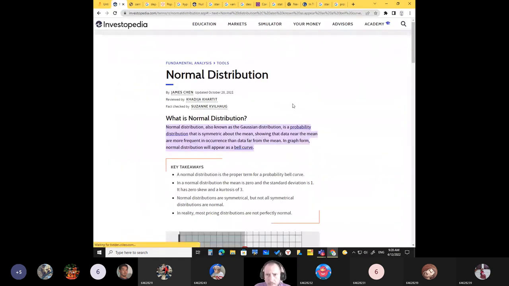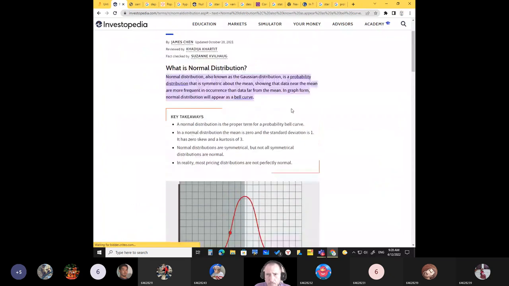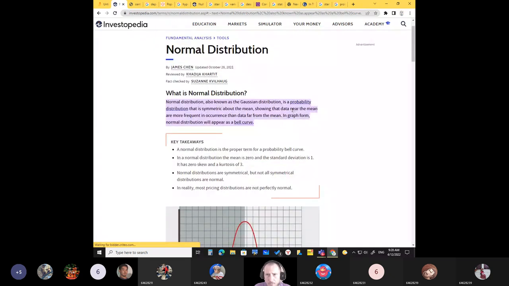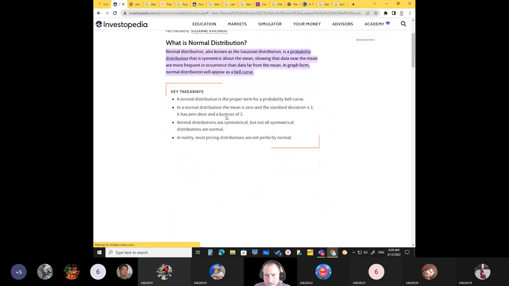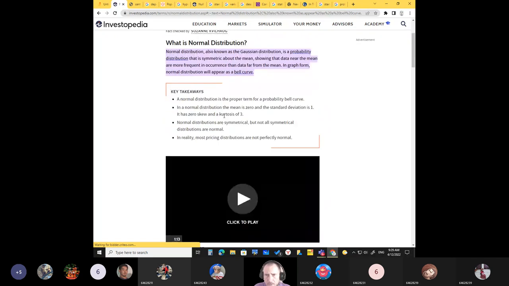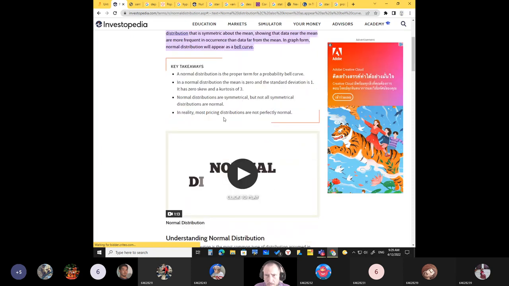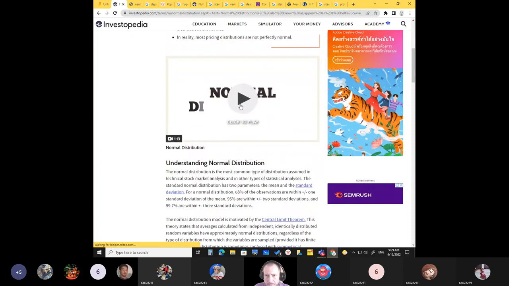Remember normal distribution, right? Normal distribution, also known as Gaussian distribution, is a probability distribution that is symmetric about the mean, showing that data near the mean are more frequent in occurrence than data far from the mean. In graph form, it looks like a bell curve.